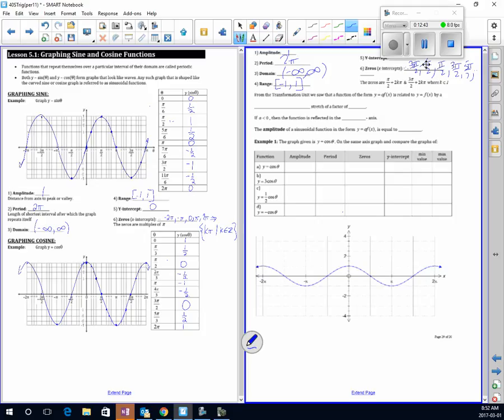So how do I write that? I could say it's pi over 2 plus 2k pi. Does anybody know what 2k pi would represent? What does 2 pi represent? 1 revolution. So if I have the extra k in there, that would be however many revolutions that you want.